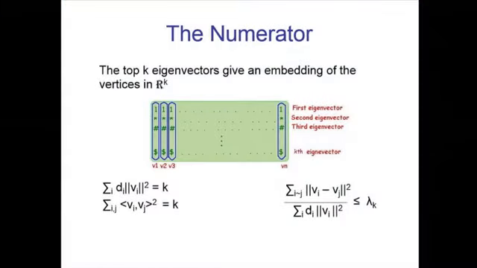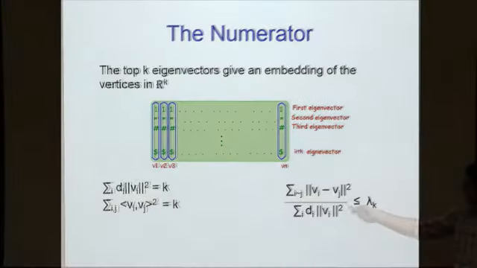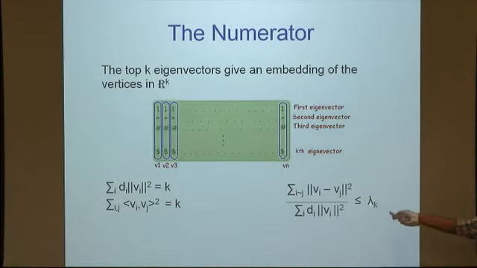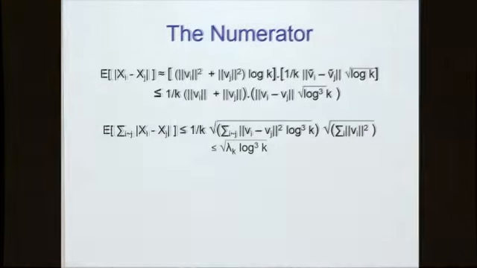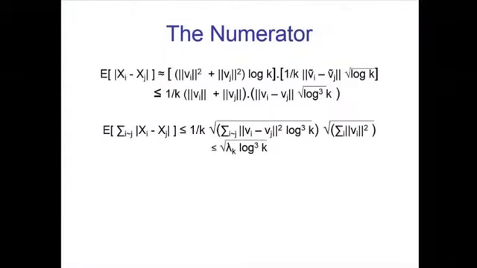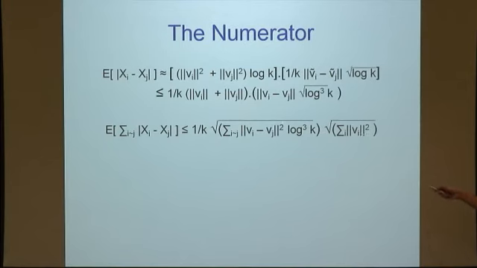If you remember this picture that I showed you before, the summation over the edges of vi minus vj squared is lambda k times this thing, and this thing is equal to k. So the summation over edges of vi minus vj whole squared is lambda k times k. Okay, so let me plug that in over here. So this is just lambda k times k. This thing was also just k. So the square root of k and k cancel, and you are left with square root lambda k log cube k.